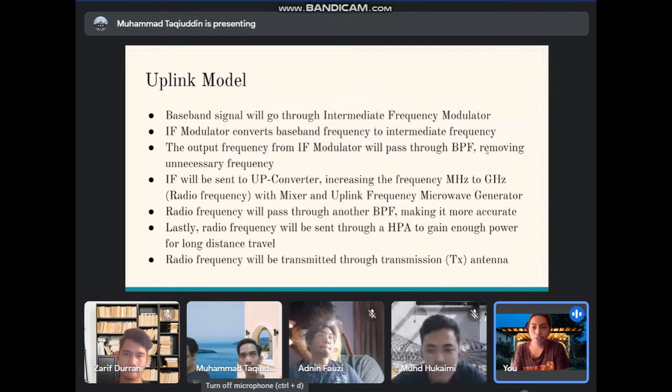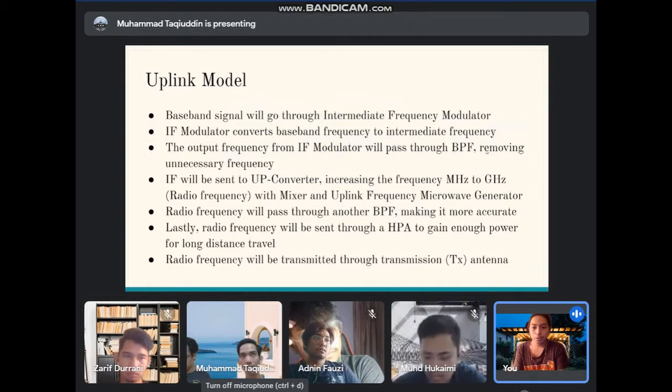And the output frequency from the modulator will go through the BPF, bandpass filter, removing unnecessary frequency components. The intermediate frequency will be sent to the up converter, which increases the frequency from megahertz to gigahertz, which is a radio frequency, using a mixer and uplink frequency microwave generator.